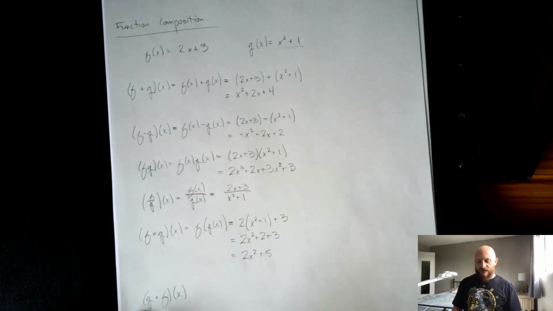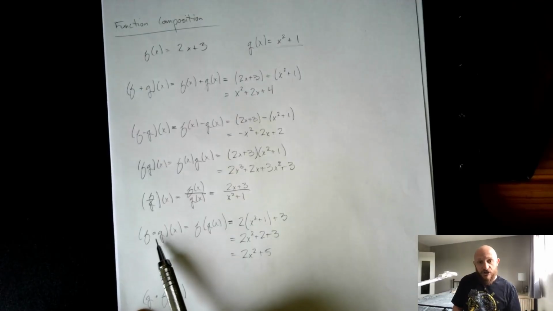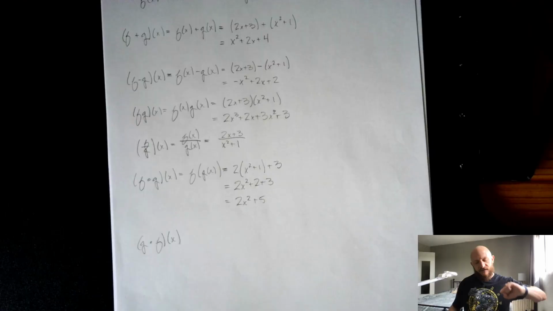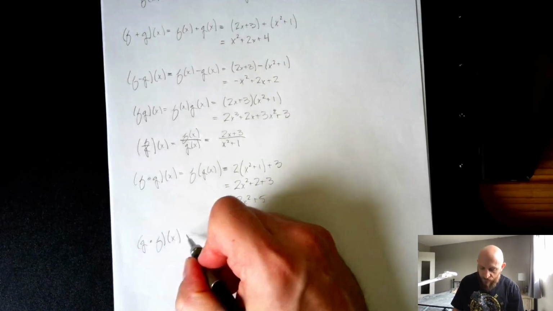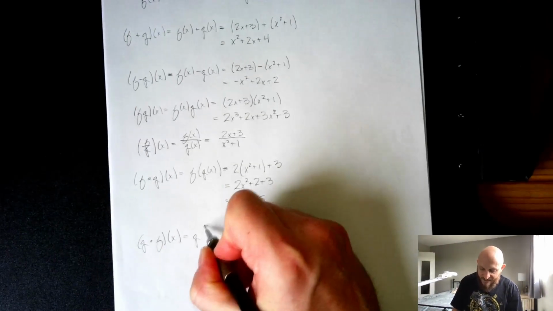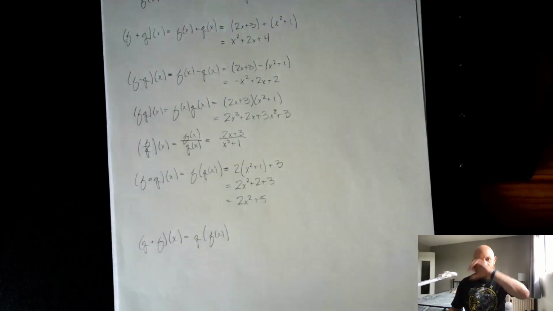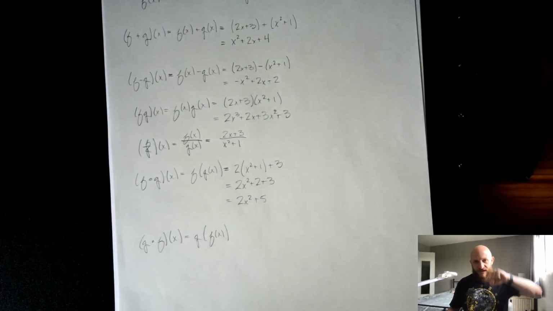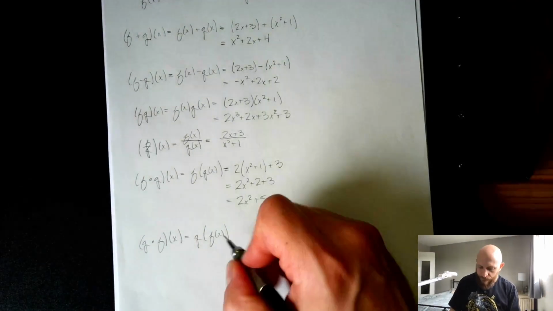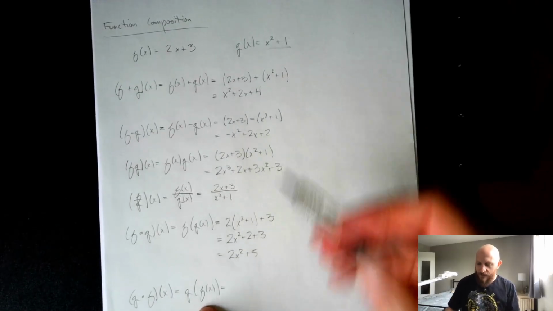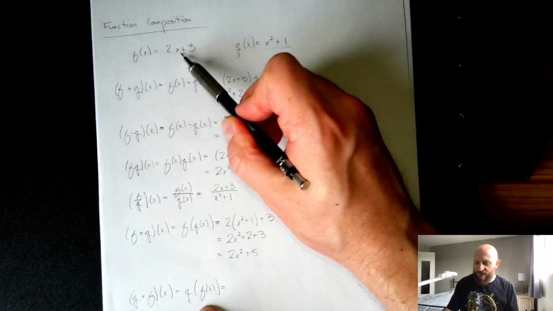But g of f of x is the same idea as the function composition f of g of x, but like I said, remember, everything gets absorbed from right to left. So this is the same as g taking f of x as an input. So x gets put into f, and f of x gets put into g. So this would be the same as taking g of x, which is x squared plus 1, but instead of x, we're plugging in f of x.